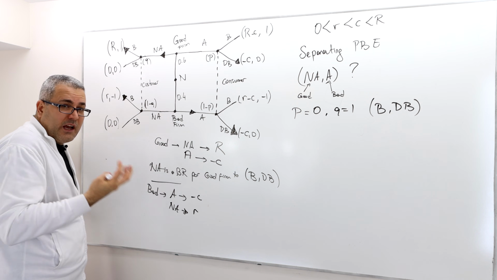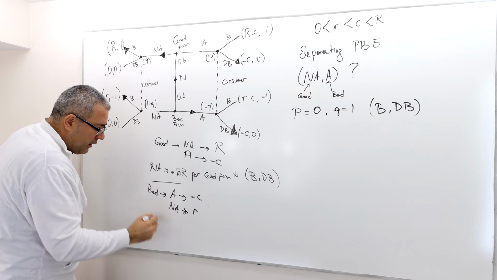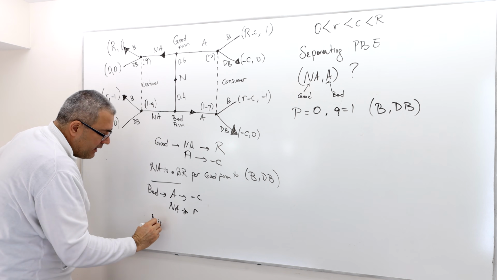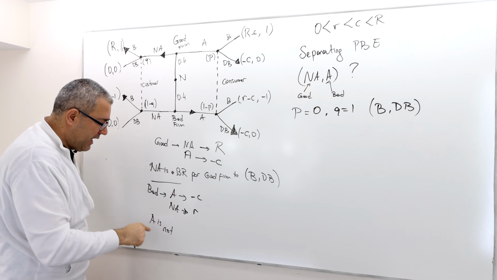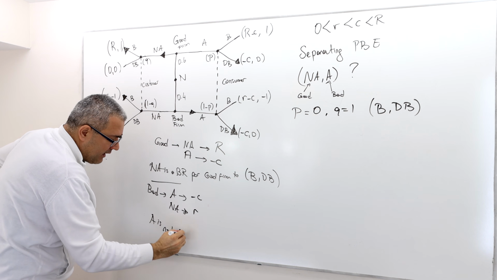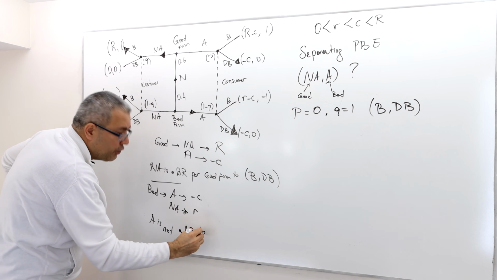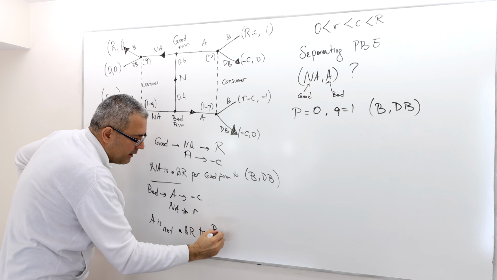R is higher than minus C, so therefore, A is not a best response. Remember, the bad firm's strategy was A, and A is not a best response to BDB.